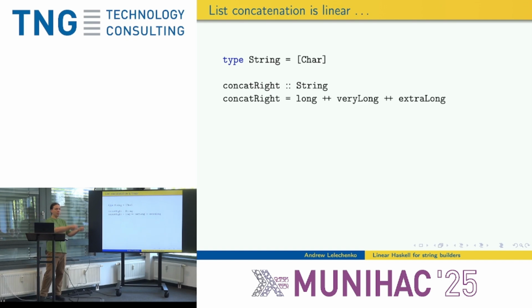Concatenation has to do a linear amount of job, in a linear amount of time. You cannot really concatenate strings in constant time. You need to spend at least linear time. So on its own, it's not that bad. It's kind of expected.